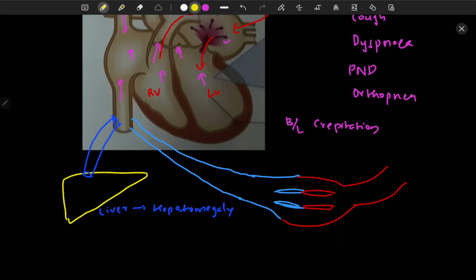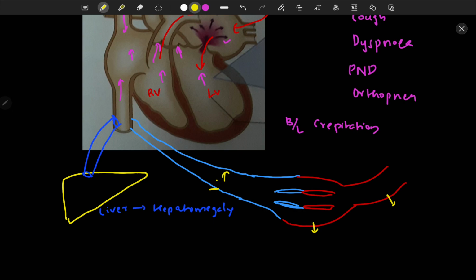And here you can see that this is the systemic veins, this is the capillaries, and this is the systemic arteries. As there is back pressure developing and an increase in pressure in the caval system, there is back pressure in the systemic venous system.